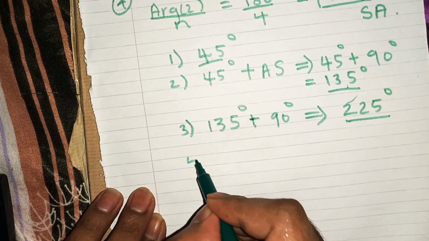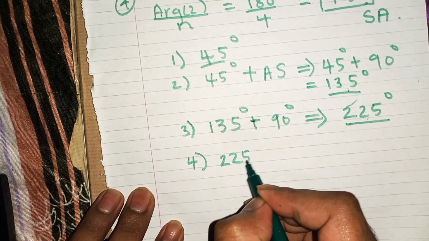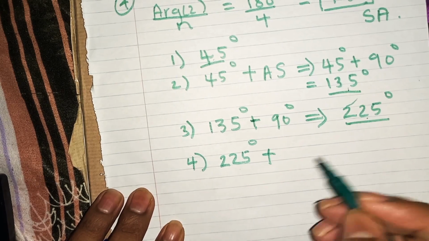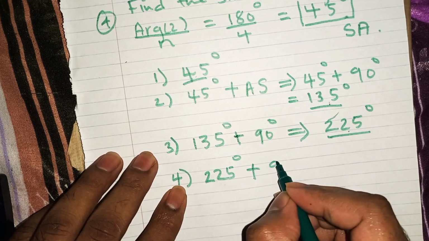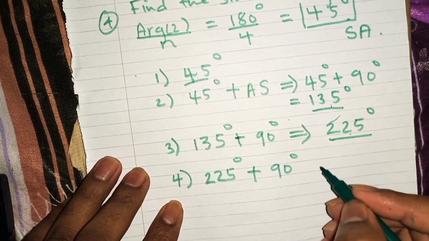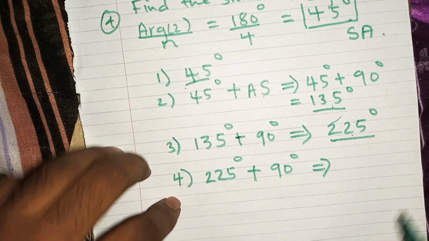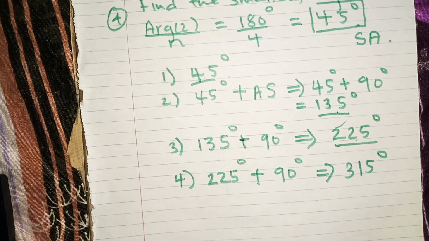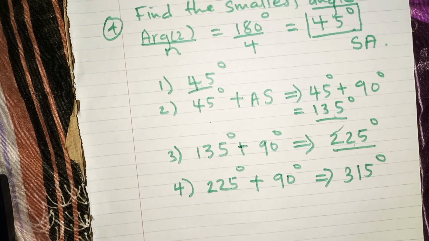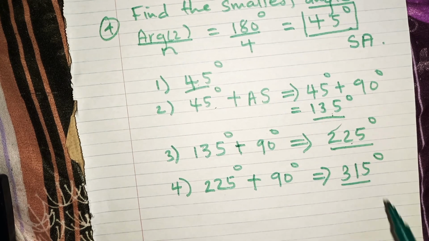So the fourth one will be this angle, 225 degrees, plus the angle spacing again, 90 degrees, and this is equal to 315. Okay, so we have found our angles, angle 1, 2, 3 and 4.